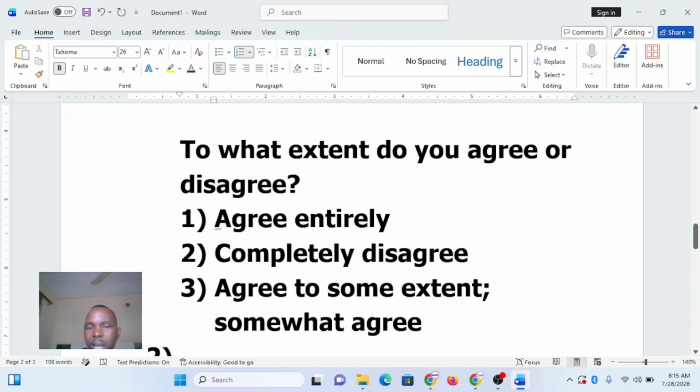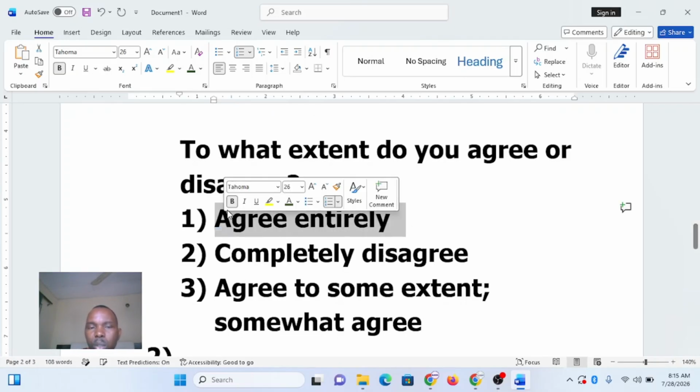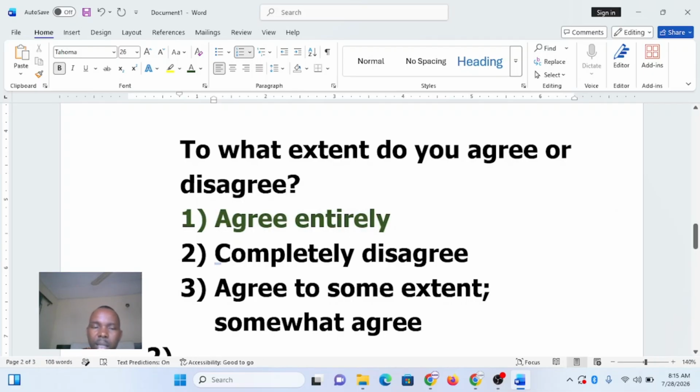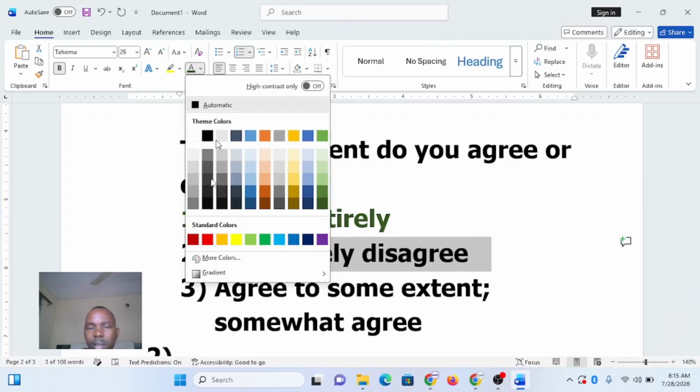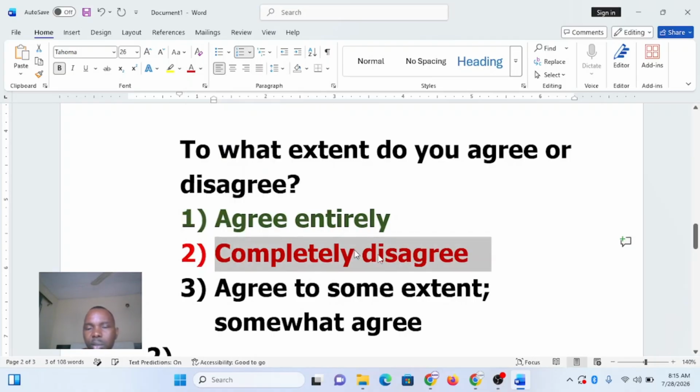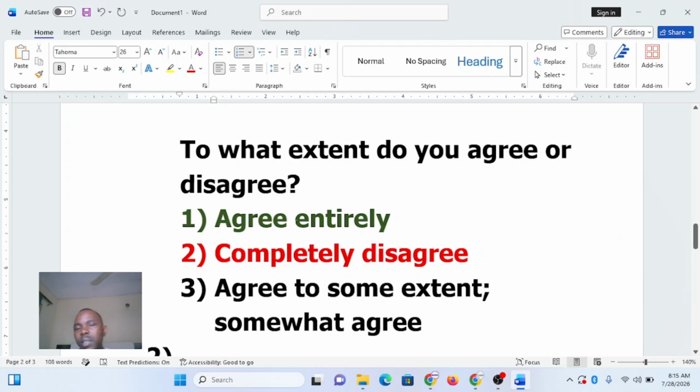If you agree entirely, that means you are going to focus on only agree. You will not talk about disagree. You can look at it and say, oh, I completely disagree. Like, I just disagree completely. There's nothing agreeing. So you are going to write on disagree.